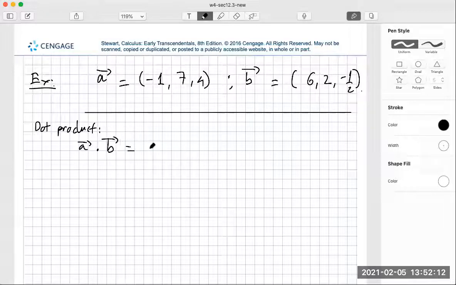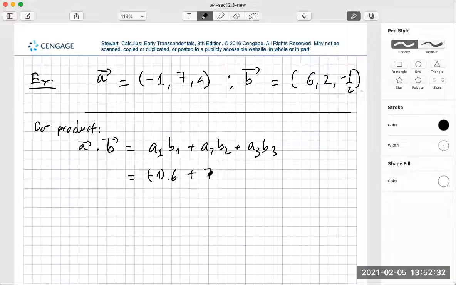Very good. Then what is A1 in this case? Yes, be careful with the negative signs, it's very dangerous.